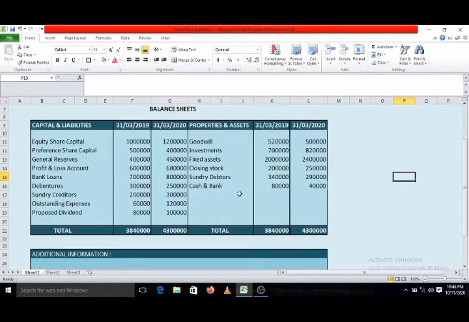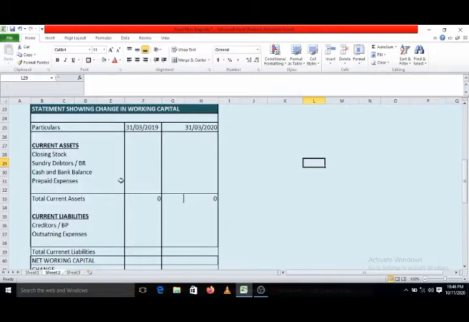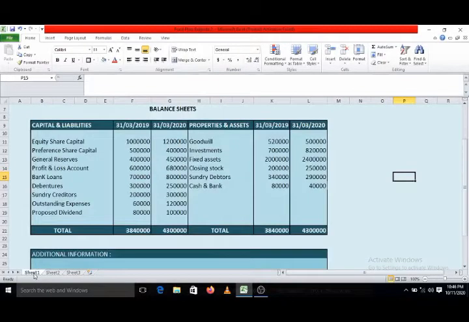So I will take these amounts in the change in working capital statement: 2 lakhs, 3 lakhs 40,000 and 80,000. These are the current assets of 31st March 2019.